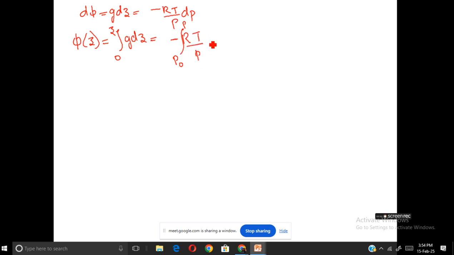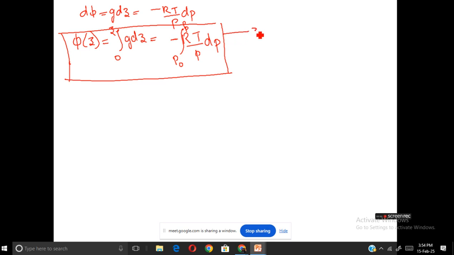So phi of z is given by the integral from 0 to z of g dz, which is equal to minus the integral from p0 to p of RT by p dp. This is the equation for the geopotential at a height z.